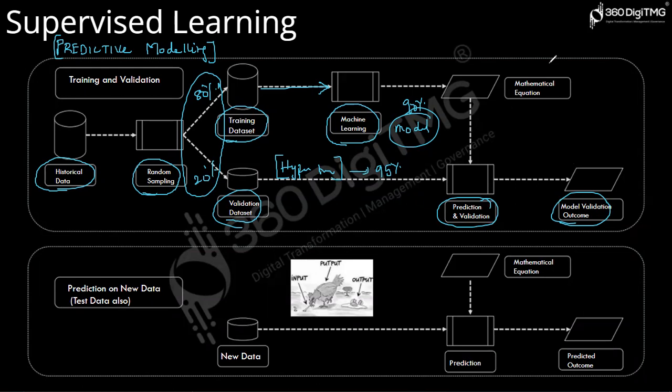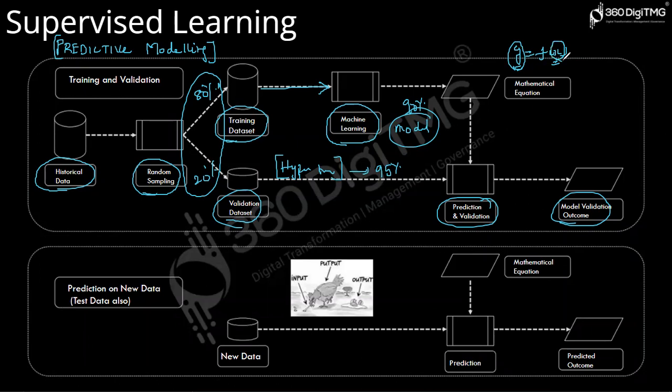What we are trying to do here is a mathematical equation. This is the base equation that we have: y is equal to f of x. I am trying to find the relation between y and x here. Y is the output, and x is my input.